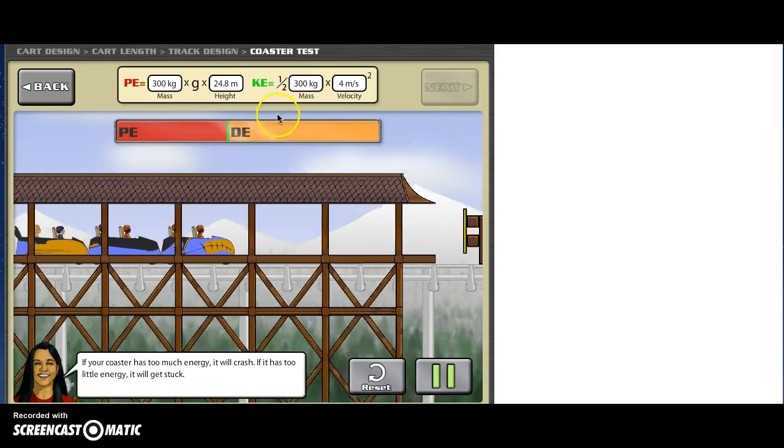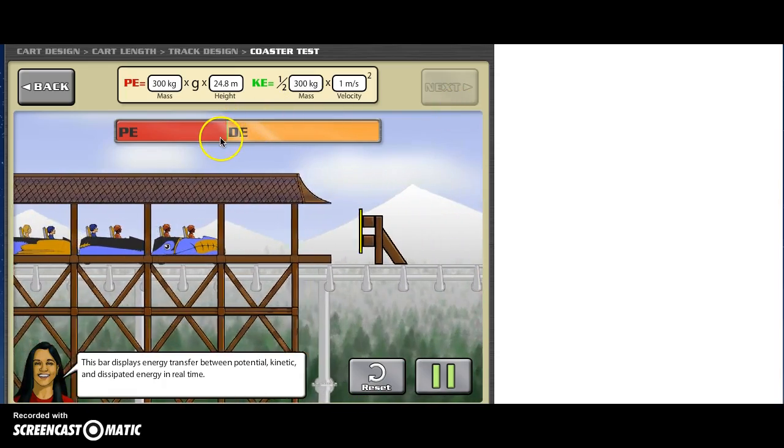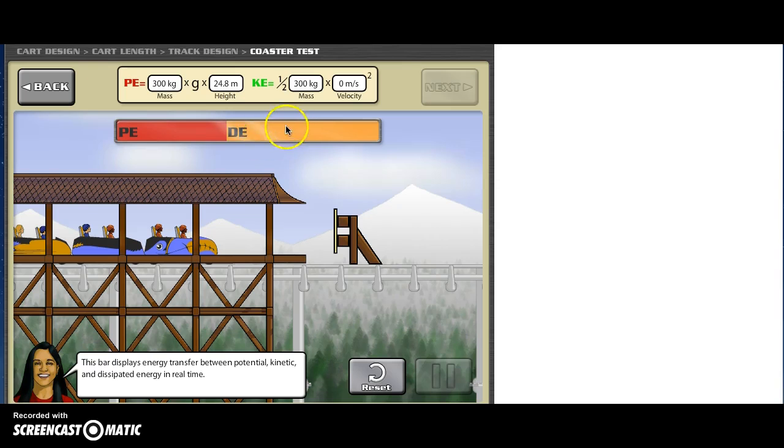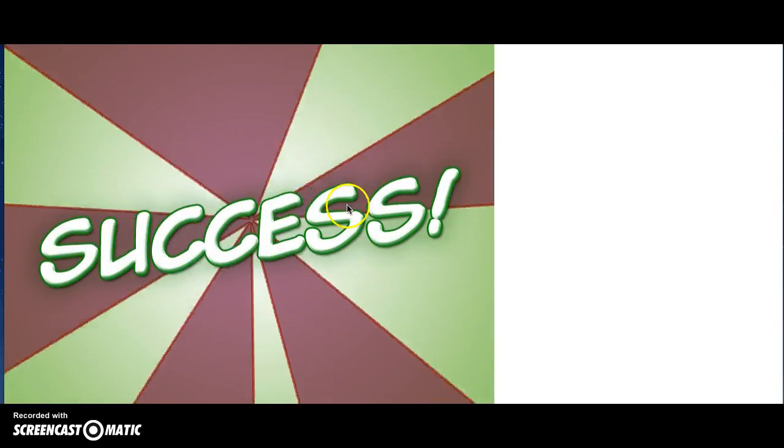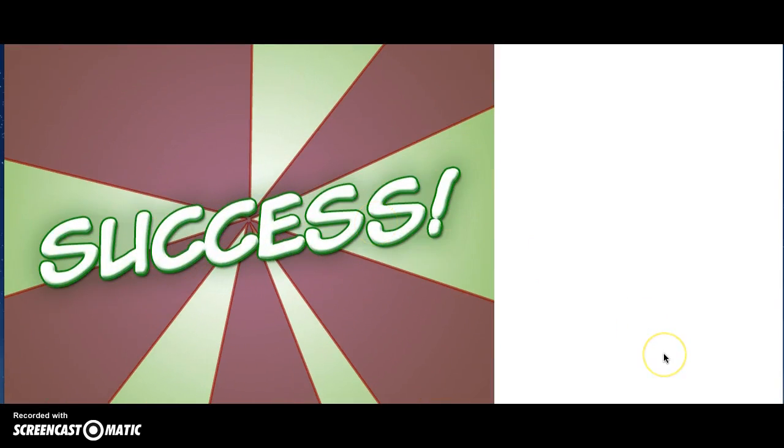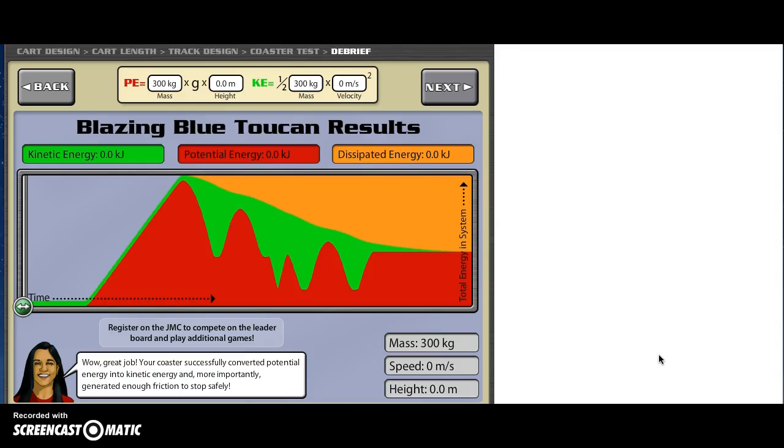Okay, you notice that right now it's stopping, and all I have left here is red and orange. Wow, great job. You were able to convert potential energy into enough. Here's my graph at the end.